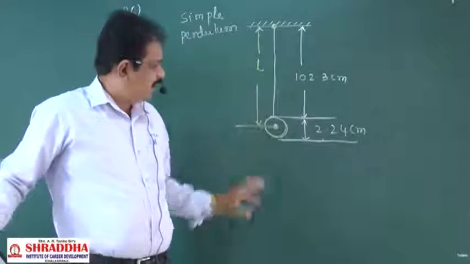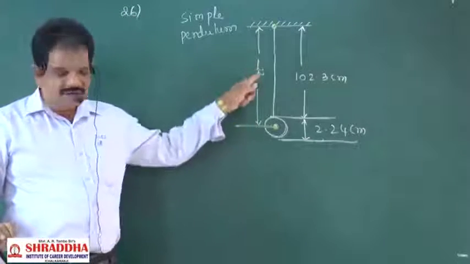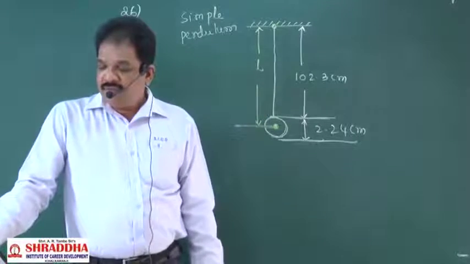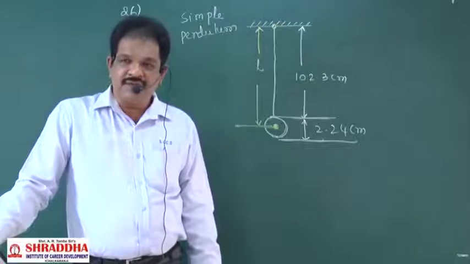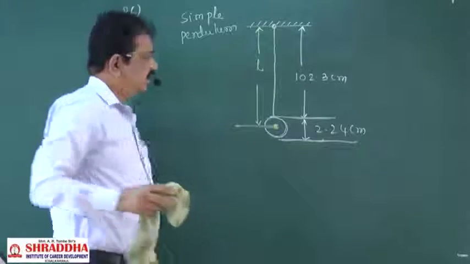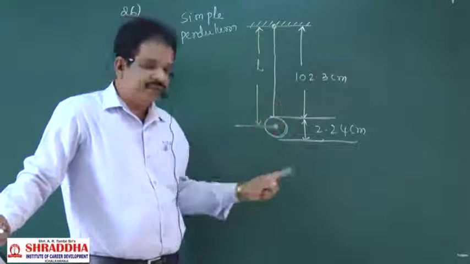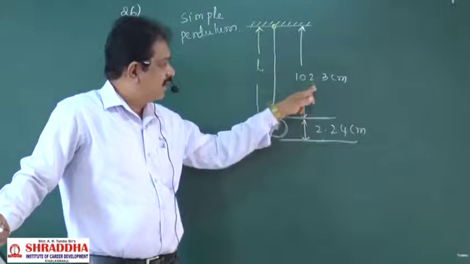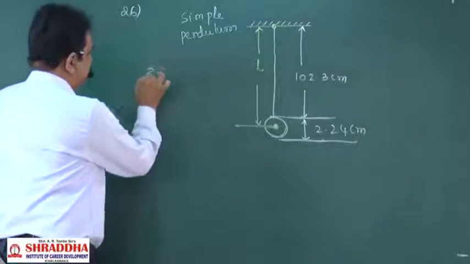What is the maximum possible error in the measurement of length? Error will be there in the measurement of this length and in the measurement of the diameter. Here, what is the maximum possible error? Means after point 1.